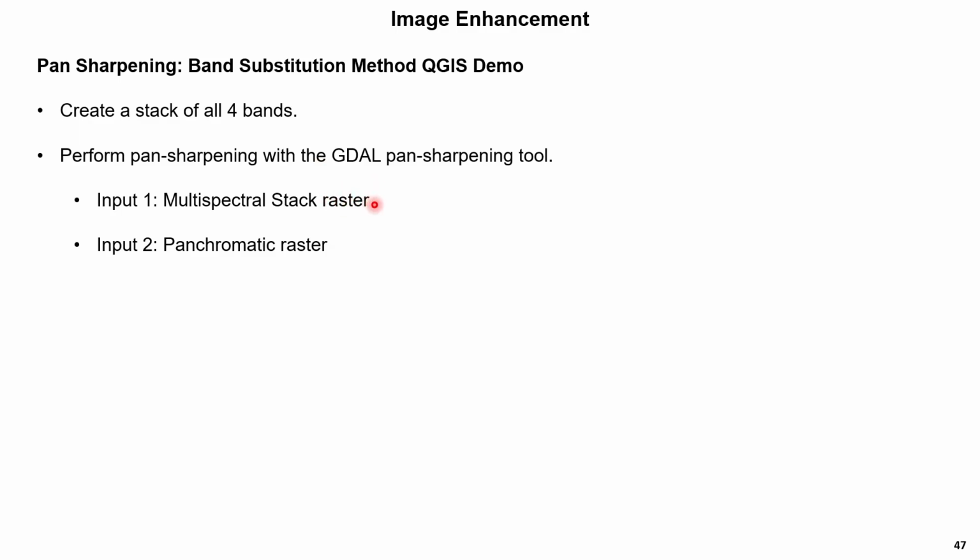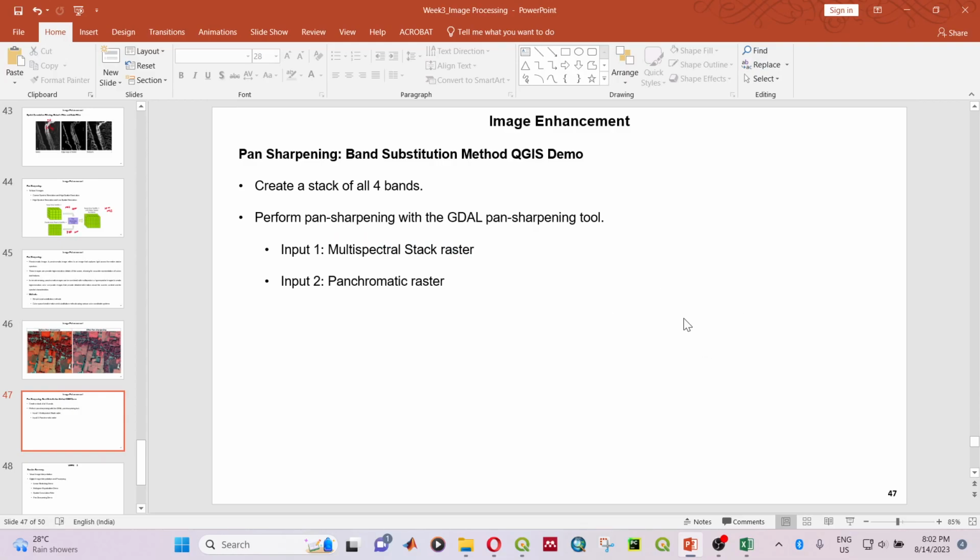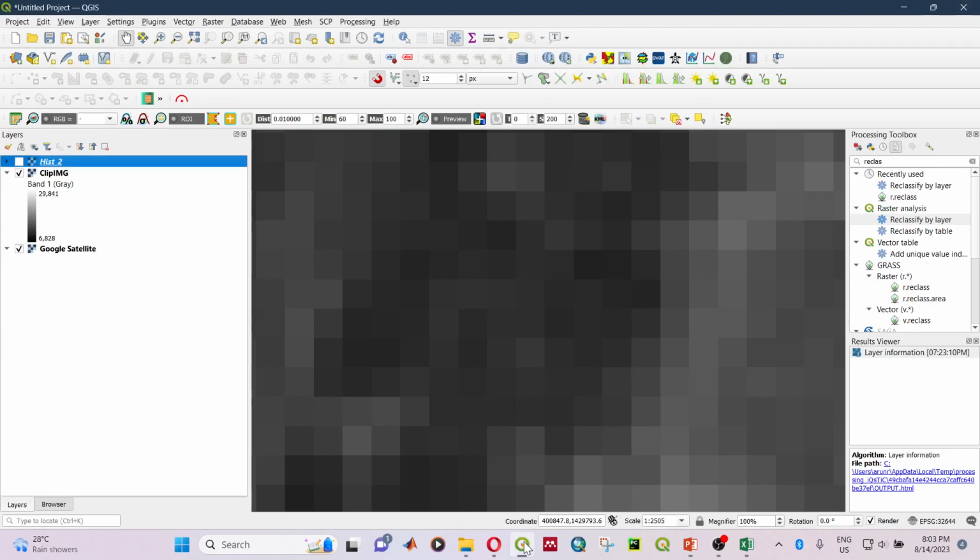For that, the first step is to create a multispectral stack raster. Bands 1 to 4 we will make a stack, and input 2 will be your panchromatic. Then we will substitute it to enhance our image. So I will demonstrate that.